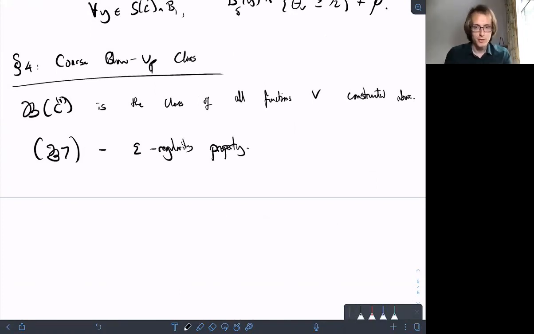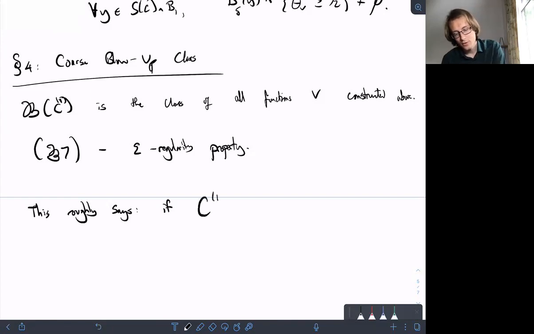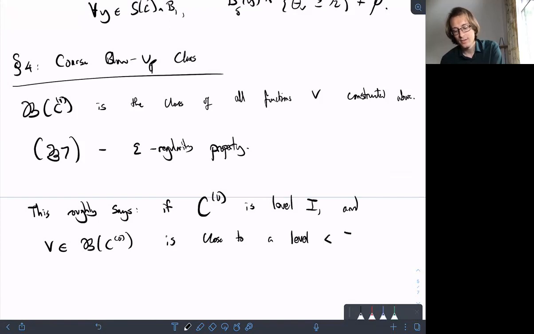And without being too specific for time reasons, because I think I'm going on for a while now, what this roughly says is, if we have an element, so if C naught is level I and V is in the blow-up class of C naught, and V is close to a level less than I cone, and by this I mean the graph of V, so the graph of V is defined over half hyperplanes in C0.